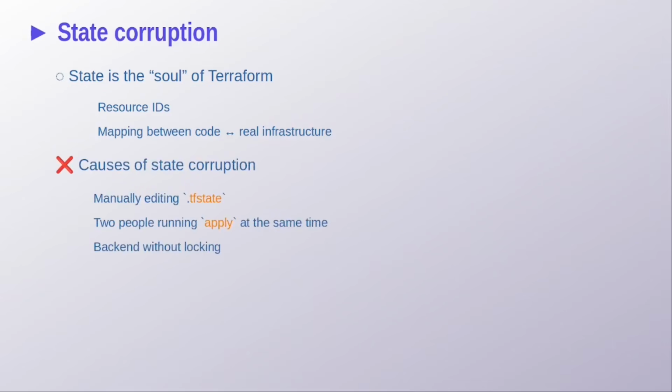Common causes of state corruption: editing the tfstate manually, two people running apply at the same time, using local state in a team, and a backend without locking. Symptoms: you may see Terraform want to destroy running resources, or Terraform state does not match reality. Prevention: always use a remote backend, enable state locking, and never edit state manually. Golden rule: protect the Terraform state at all costs.